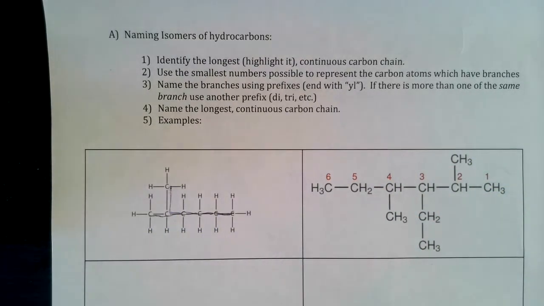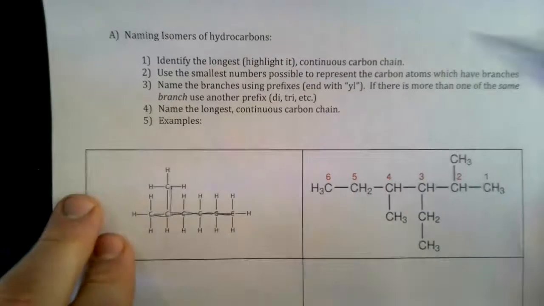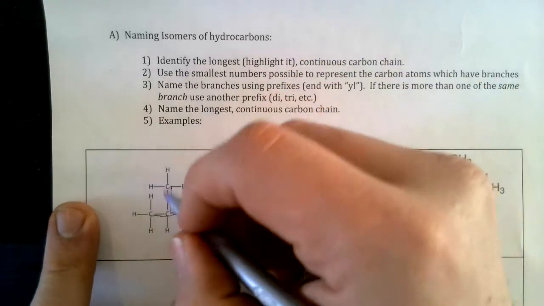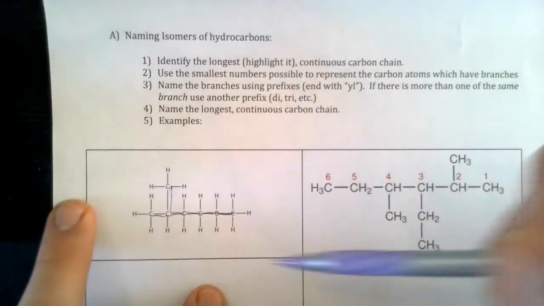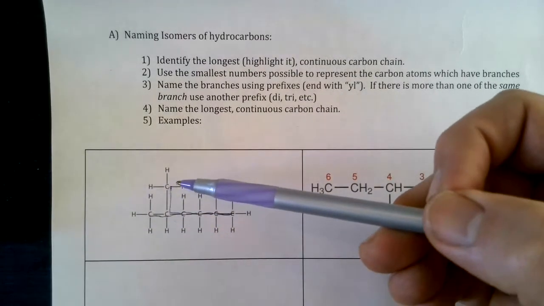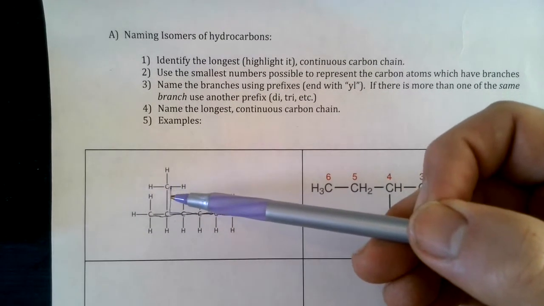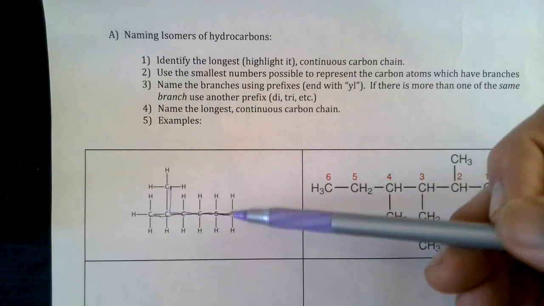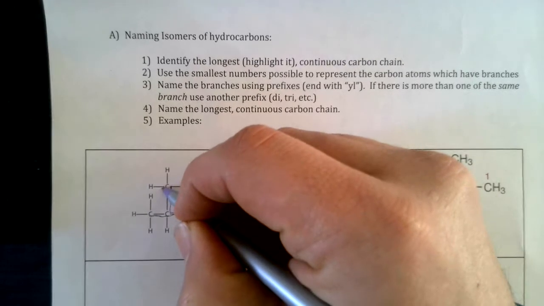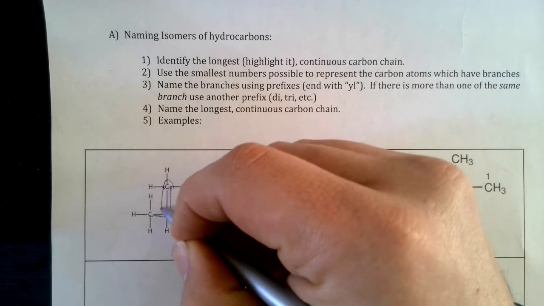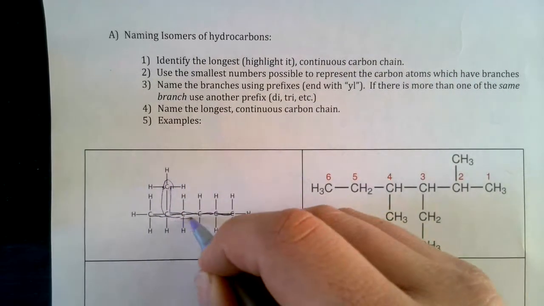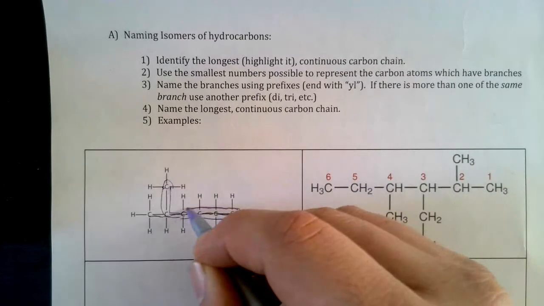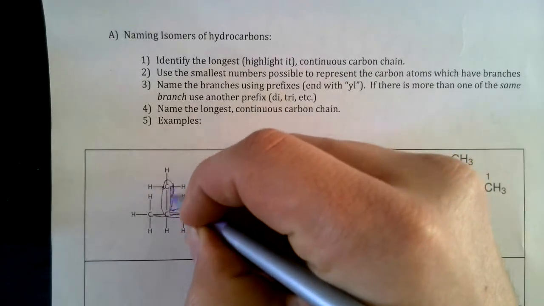Once you've identified it, you can highlight it. Now, because I did this one in purple, I'm going to do this. So highlighting can be done with a highlighter. It can be done with a pen, just like I did. Or the way I like to do it if I have a pen is I'll just circle it. And once it's circled, it's out of my hair.